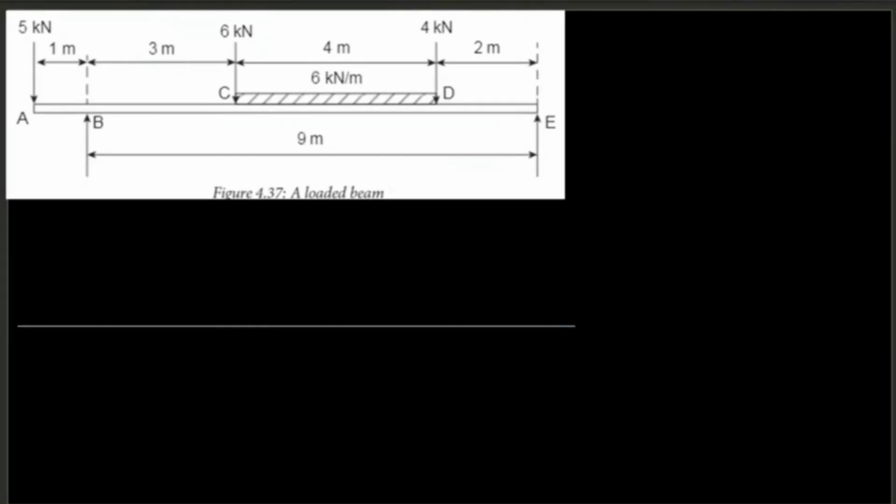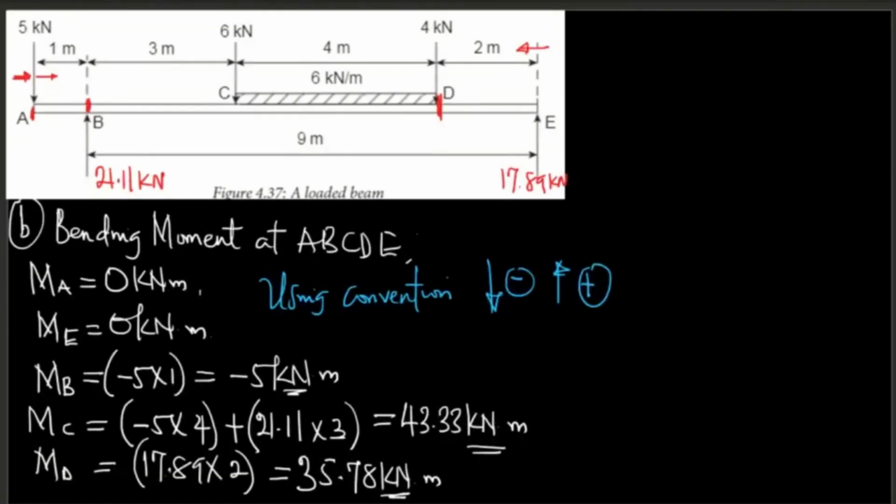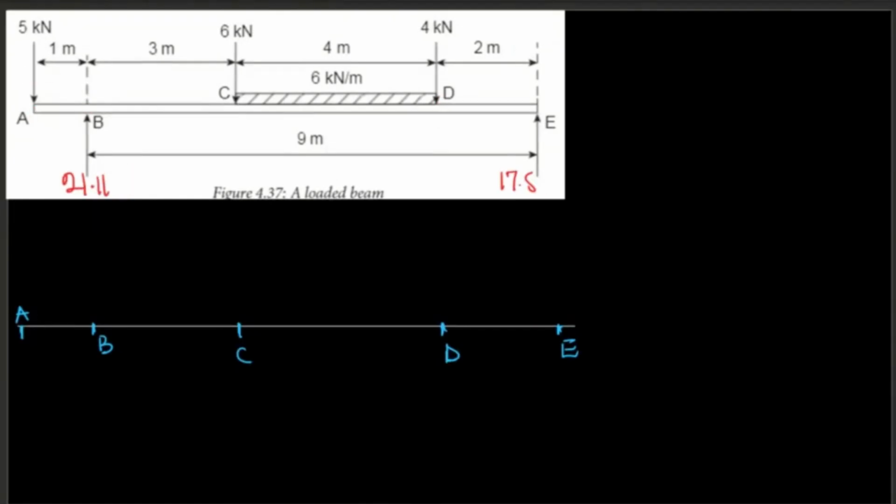The first thing that I'm going to do here is to label. So I have my point A, point B, point C, point D, and point E. You need to highlight the sections. So let me write out, this is 21.11, and this one is 17.89. In order for you to draw your shear force, you need all the values of the forces to be indicated on the diagram.